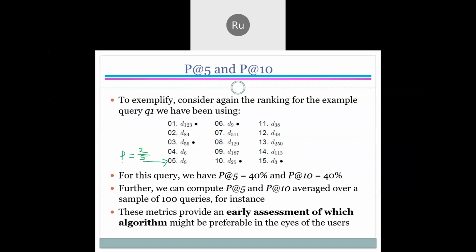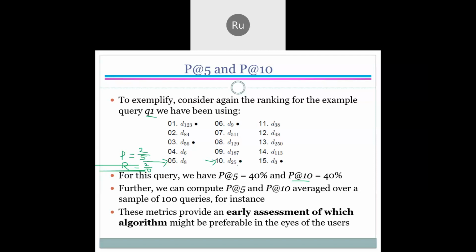The recall, from query one, is basically 2/10. And when we say the precision at 10, we are looking at here. So the precision is 40%, just 4 out of 10.